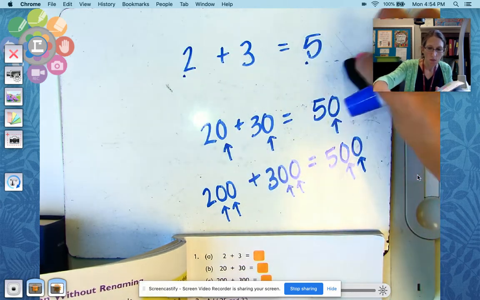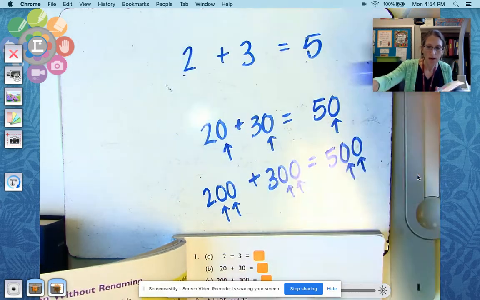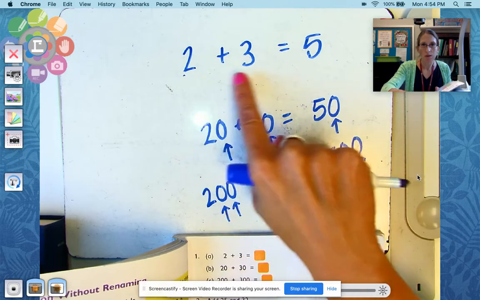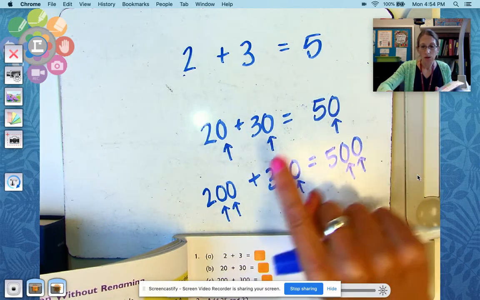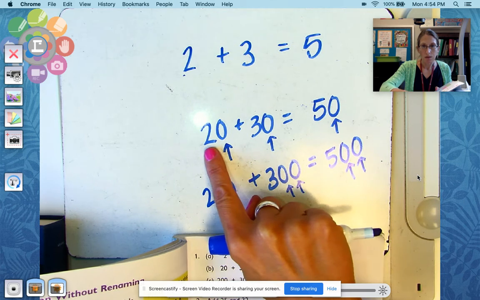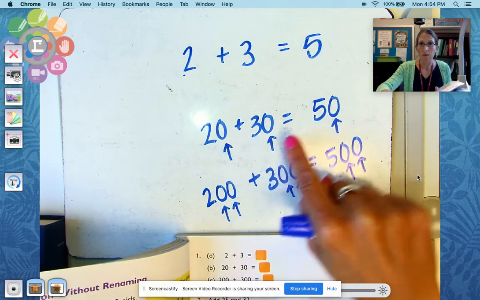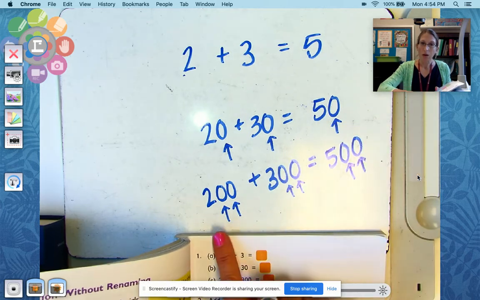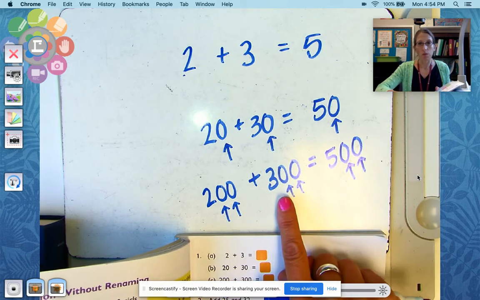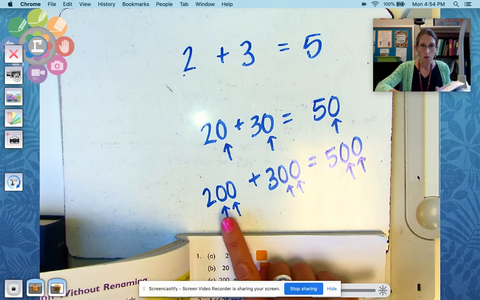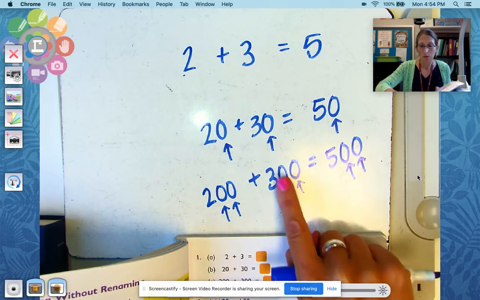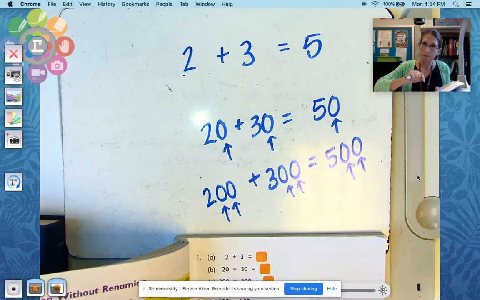If we know, let me erase this and think about it as, if we know 2 plus 3 is 5, then we can just add a 10. 20 plus 30 equals 50, or 2 tens plus 3 tens equals 5 tens. We can also do the hundreds. 200 plus 300 equals 500, or we could say it as 200s, 300s, 500s.